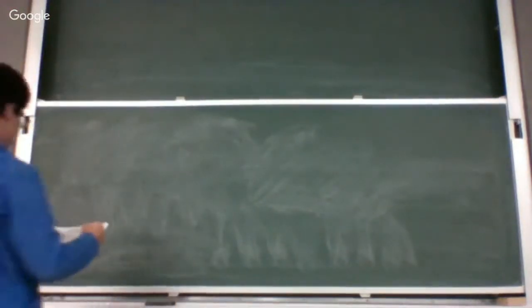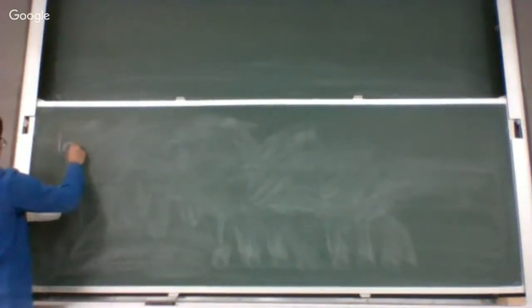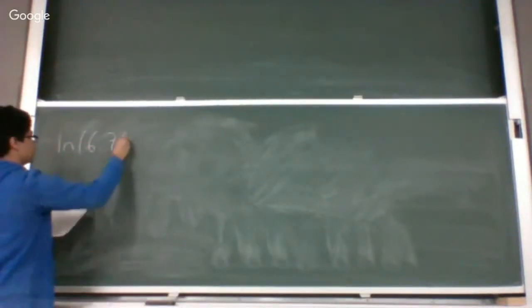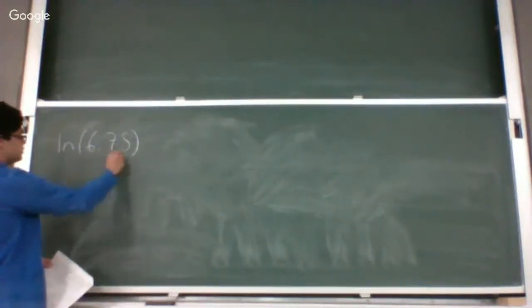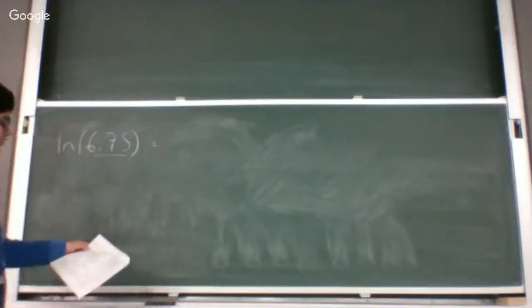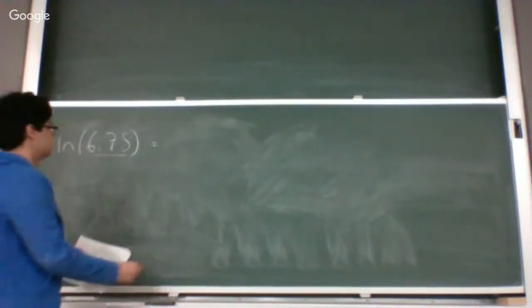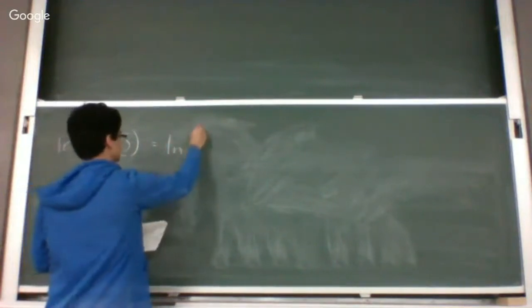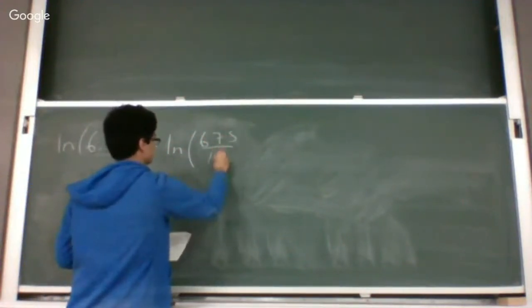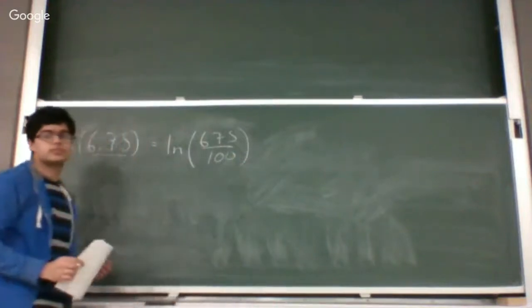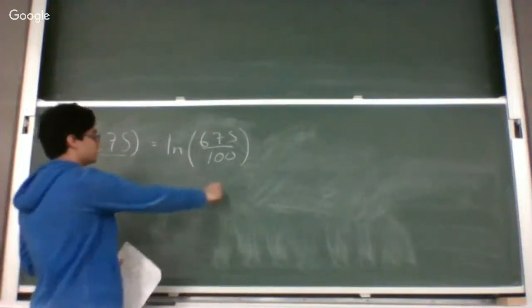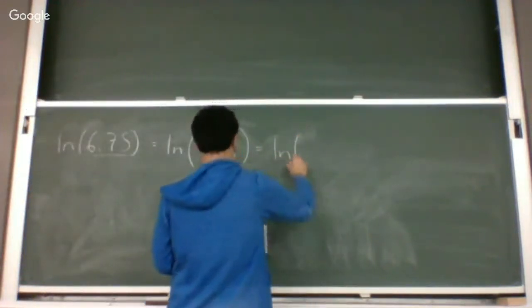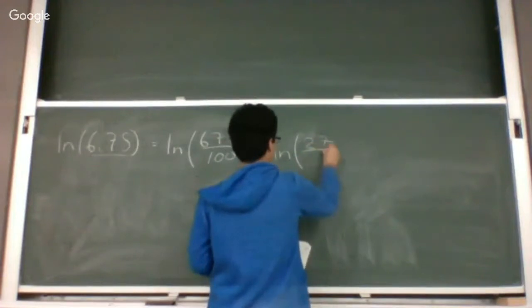So to the first problem, the natural log of 6.75. When you see a decimal, the first thing that you should most likely do is turn it into a fraction. You can simplify this fraction to 27 over 4.